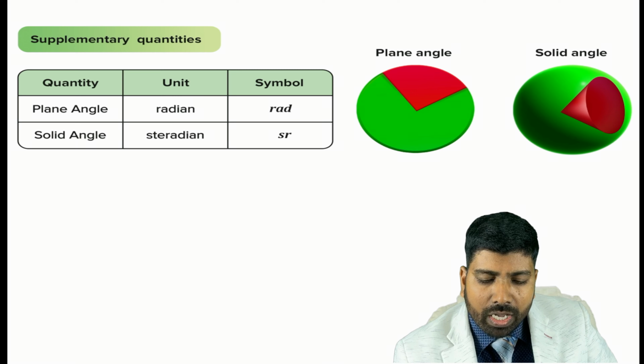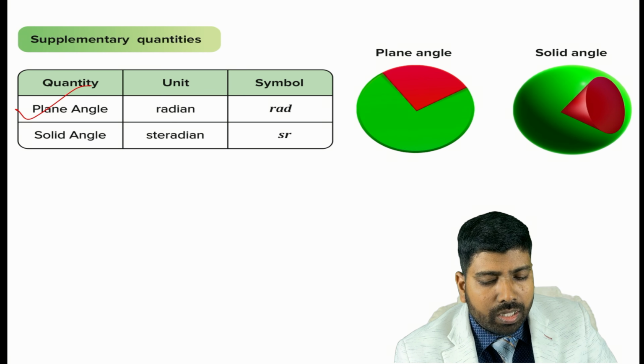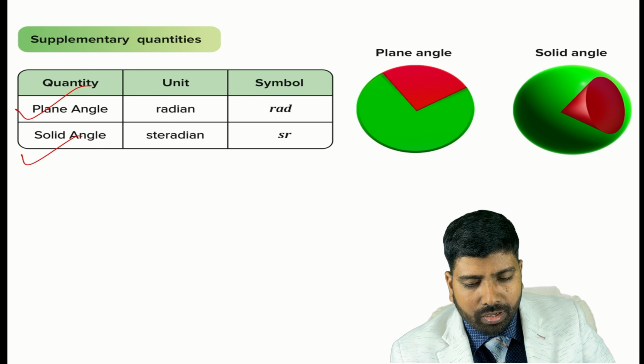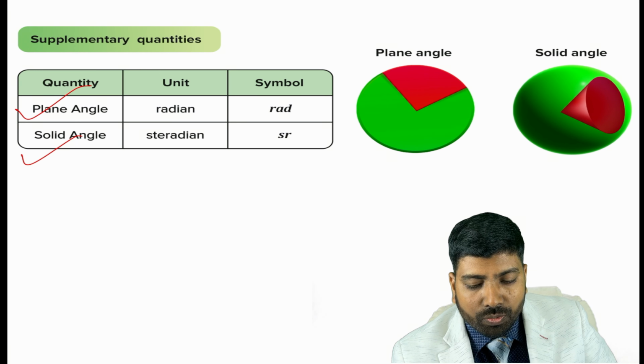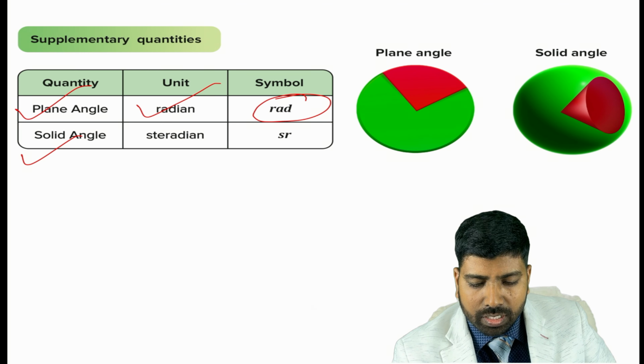In physics we have 2 supplementary physical quantities: one is plane angle, another is solid angle. For the plane angle, the unit we use is radian, and its symbol is RAD.